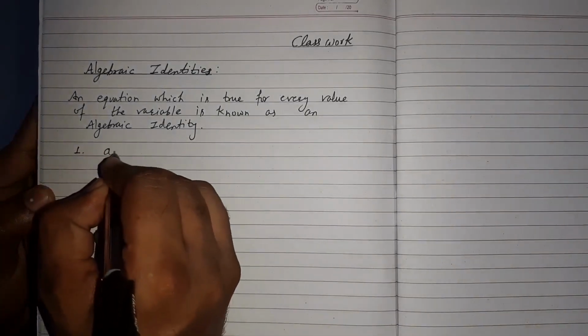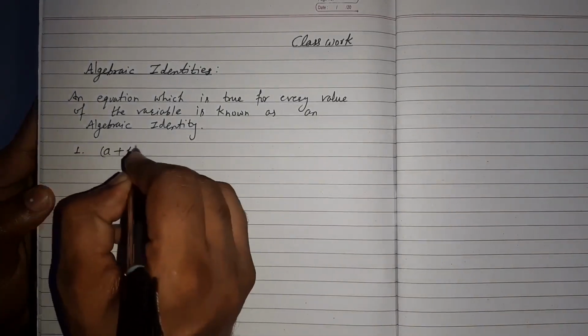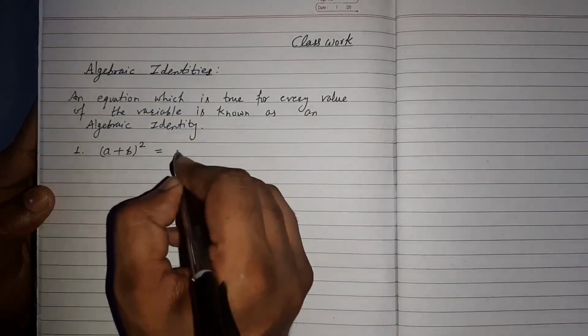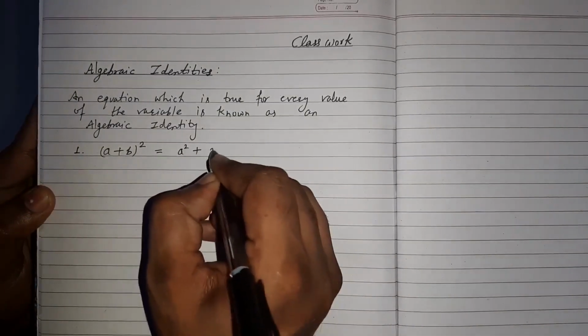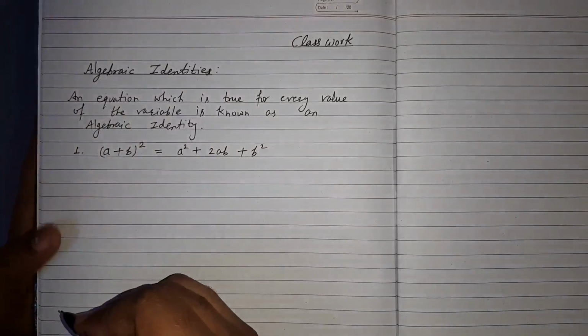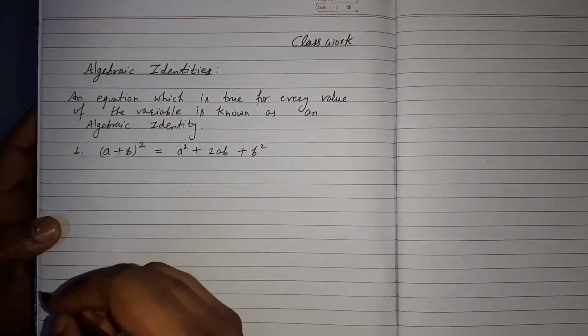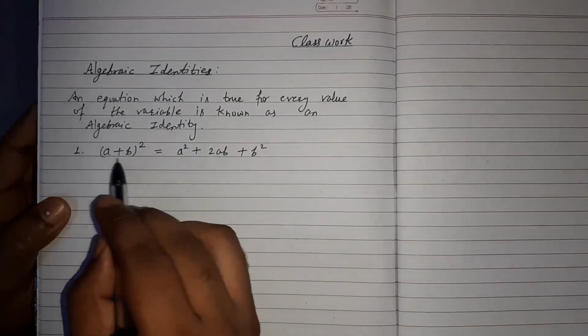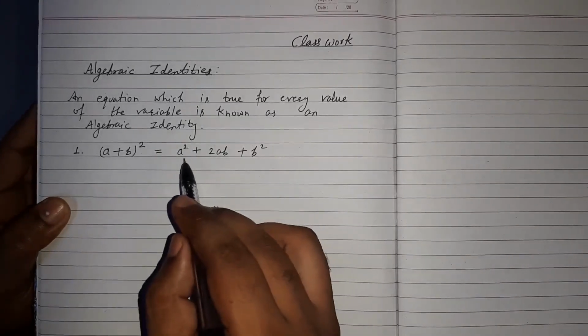The first algebraic identity is (a plus b) whole square, and it is equal to a square plus 2ab plus b square. We can prove this identity. This is the LHS part and this is the RHS part.